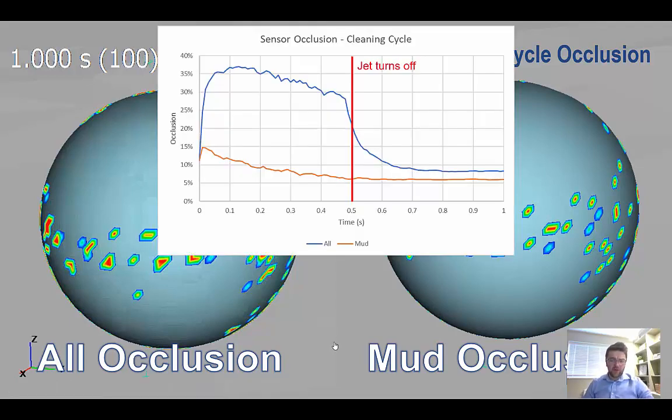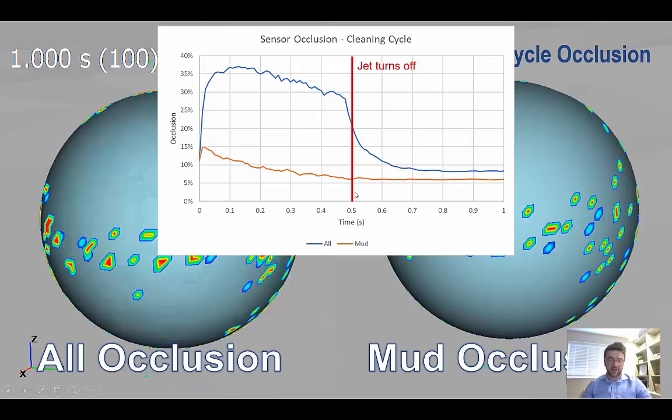Again, we can monitor that graphically. Starting off at around 15% coverage, we can see that the jet is able to get that down to around maybe 6% of the entire LiDAR covered, so pretty good for an initial guess. The problem in the cleaning state is that while the jet is on, we have up to 35-36% coverage for a whole half second.